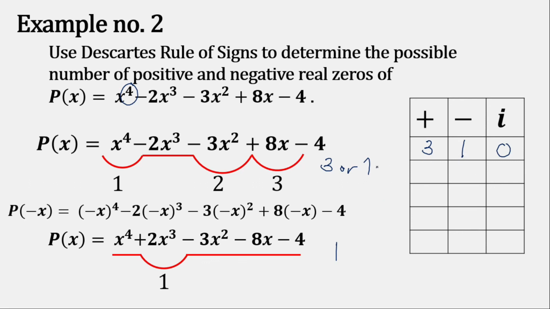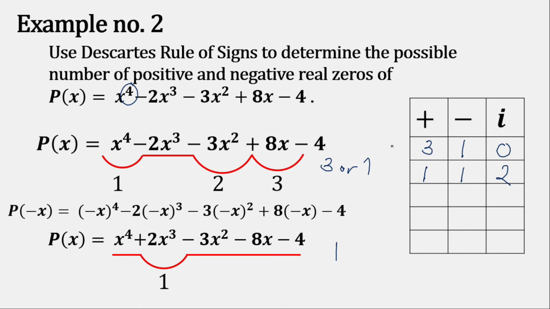Now imagine we have 1, because 3 minus 2 gives 1. So the number of negative zeros is also 1. So the even number that we subtract from here goes to the imaginary roots. So that is 1, 1, and 2, and that is 4.